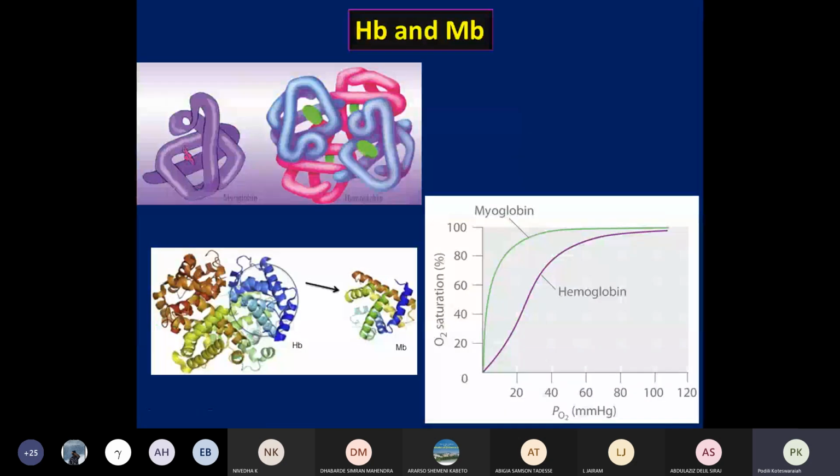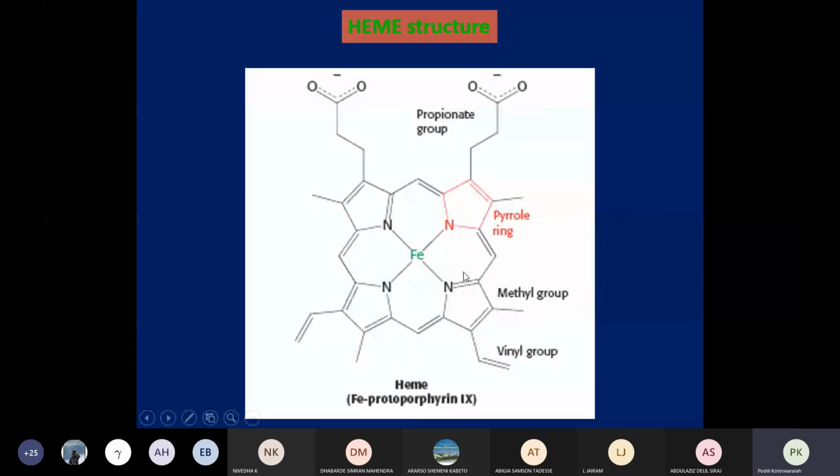So when you look at it here, you may not be able to understand very quickly. But when you split this molecule into individual components, you will understand that it has 4 pyrrole rings, 1, 2, 3, 4, 4 methyl groups, 1, 2, 3, 4, 2 vinyl groups, 1, 2, and 2 propionic acid chains, 1, 2.